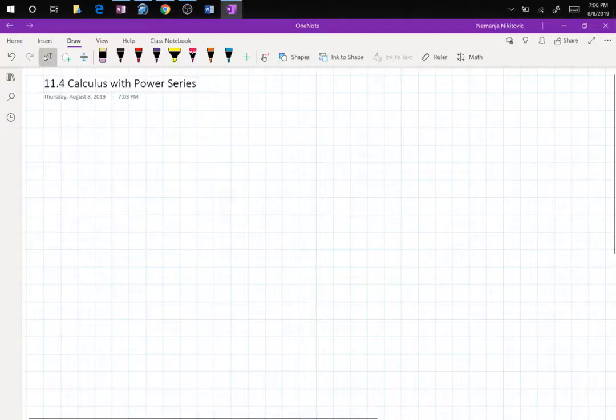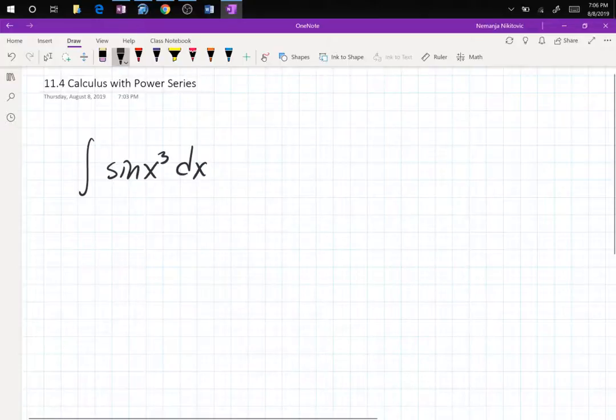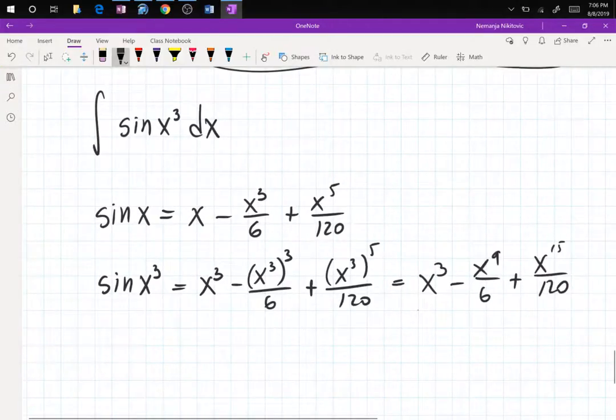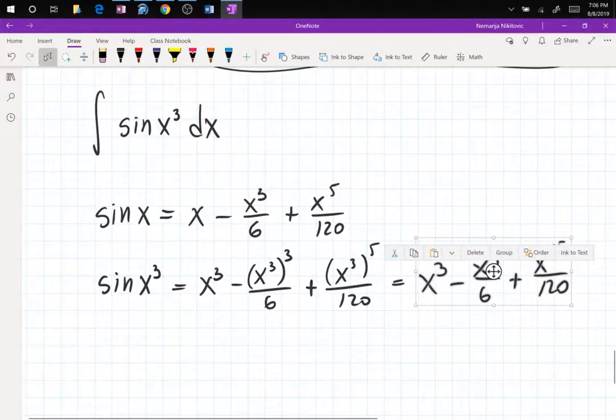Last lecture, I mentioned the integral of sine x cubed dx. And we calculated that. Let me steal it from the previous lecture so I don't have to do it again. It's right here. We calculated this to be the power series.